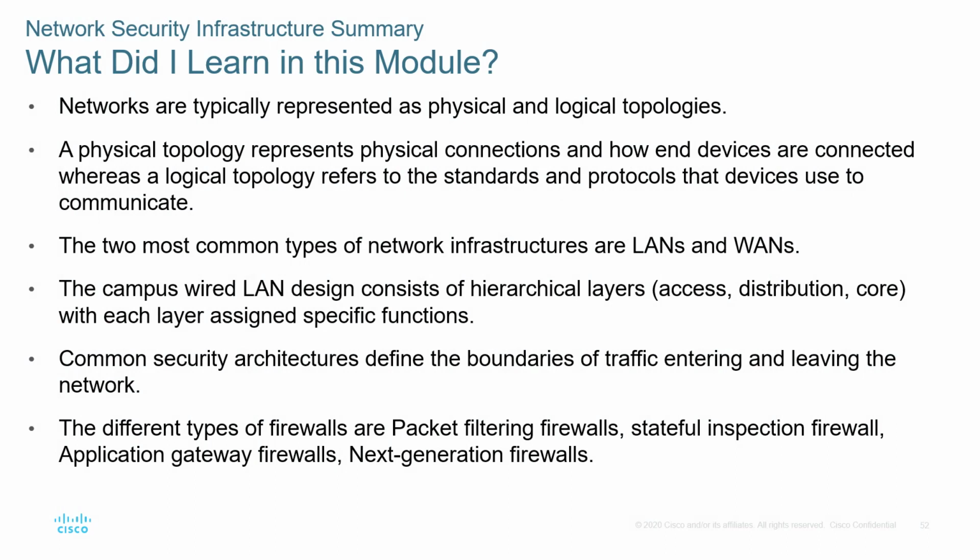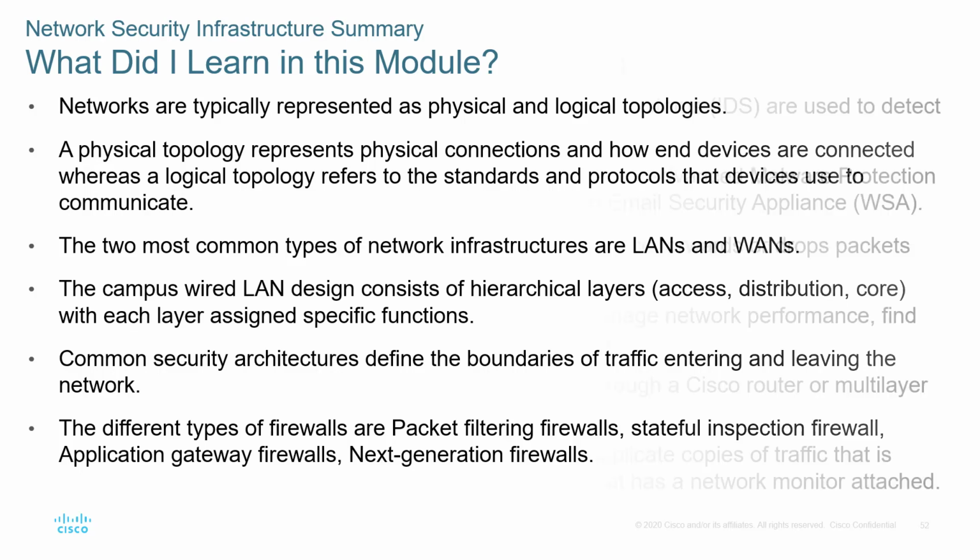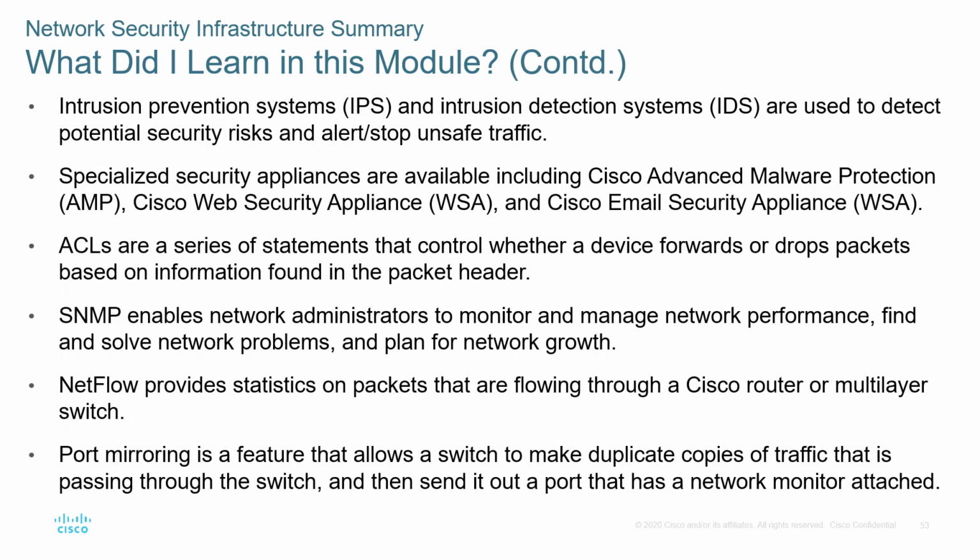All right, so that is the end of this chapter. We talked about the overall representation of the network, looking at topologies, both physical and logical, addressing and general LAN design, the layers: access, distribution, and core. We looked at boundaries for network traffic. We looked at firewalls and firewall types. We looked at things like IDSs and IPSs, as well as malware and antivirus protection, web security, and email security appliances.